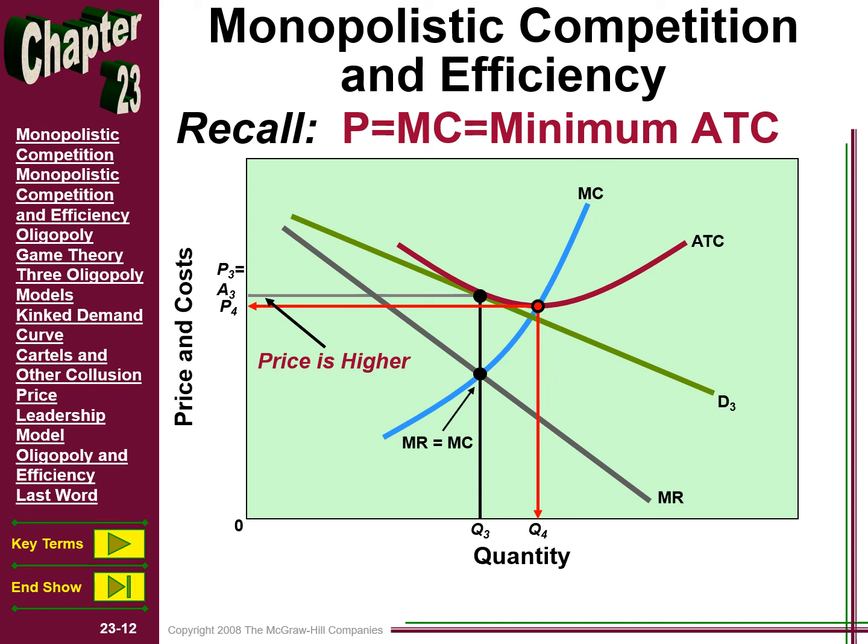Price in a monopolistically competitive industry occurs slightly higher than minimum average total cost, right? P4 equates to minimum average total cost, right? But the firms operating in an industry that is monopolistic competition are not achieving this minimum average total cost, right?